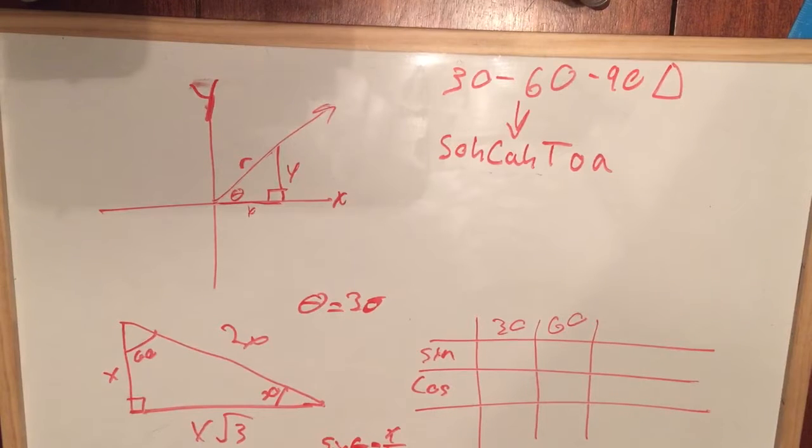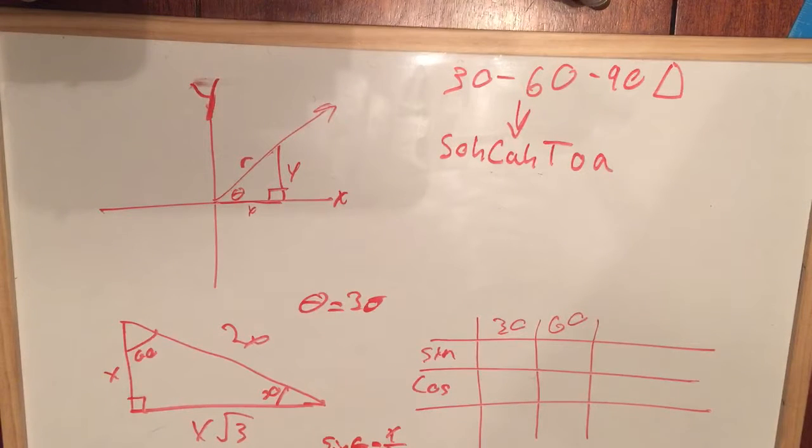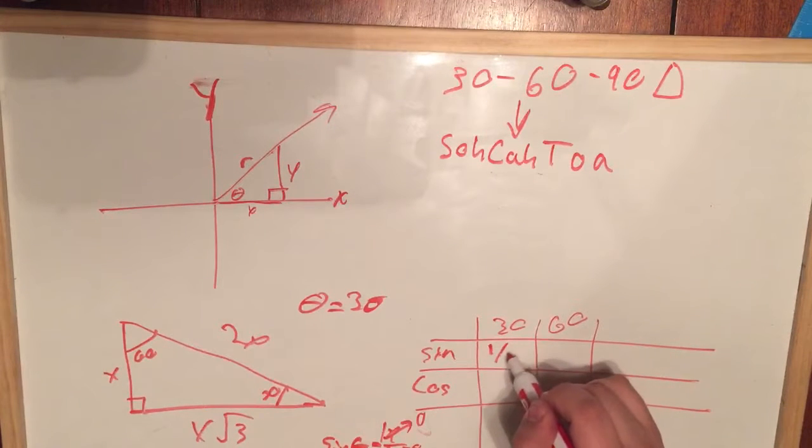Now, what we know this to be is that we can say that the x's cancel out. So then we have sine theta equals 1 over 2. That's just going to be our value right there.